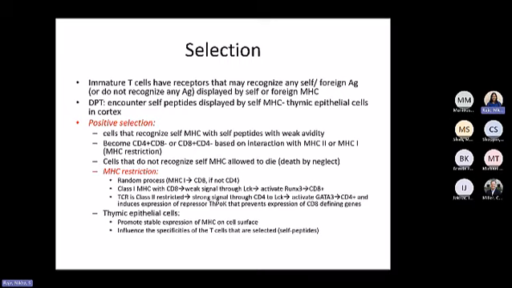That's called MHC restriction, which means if it's MHC1, it's going to be CD8. If it's MHC2, it's going to become CD4. There are certain transcription factors that play a role, such as RUNX3, which activates expression of molecules that are important for CD8 T cells compared to CD4 T cells.